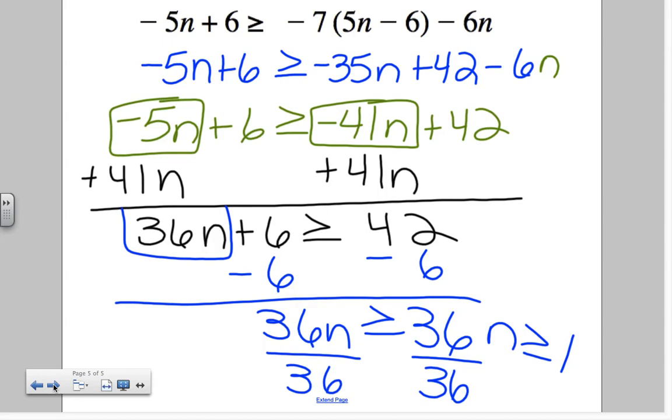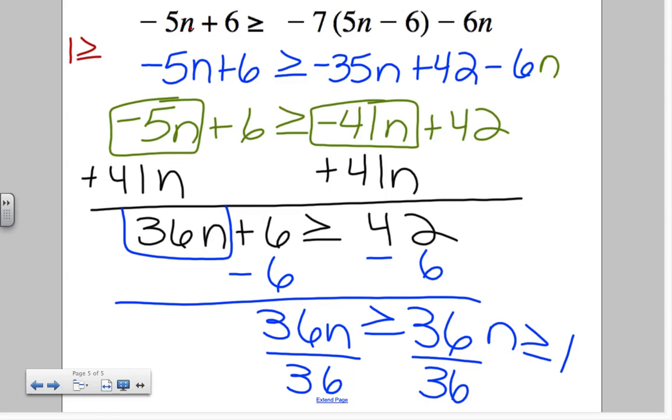I really wish I had room above my problem, because with this one I'd love to go left to right above the problem that's given to me, and I could check it. Negative 5 times 1 would be negative 5. So we have negative 5 here, plus 6, that would be 1. 1 is greater than or equal to, and I put 1 here, what do you get? 5, right?